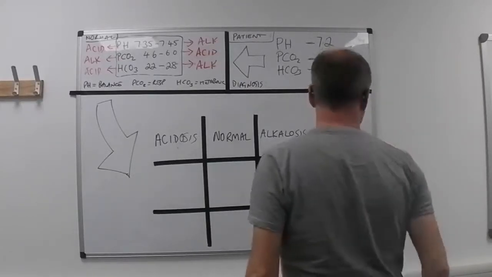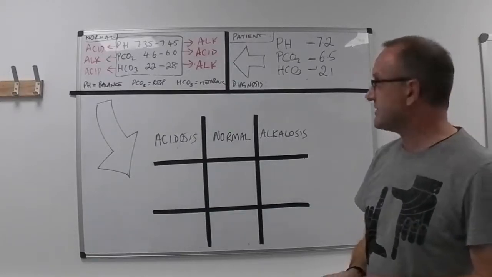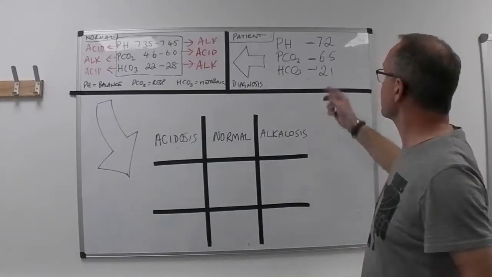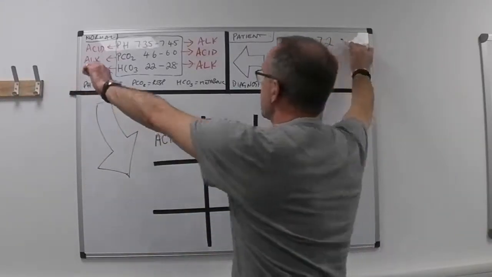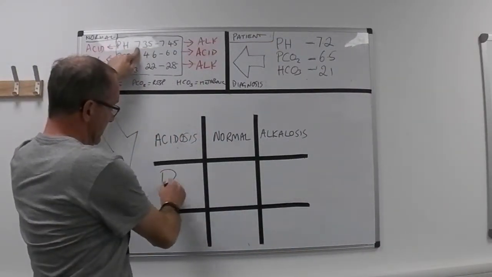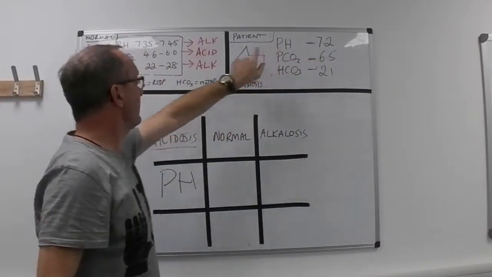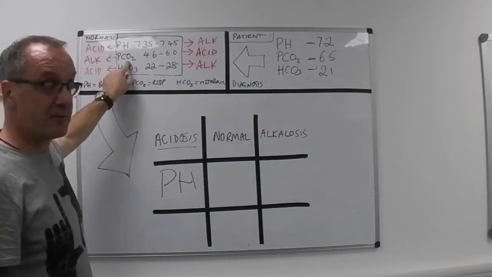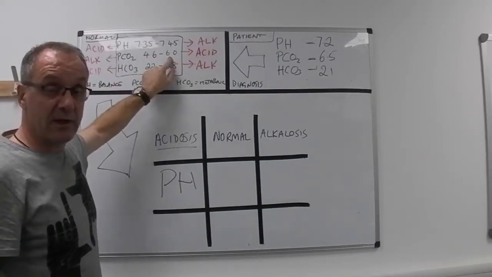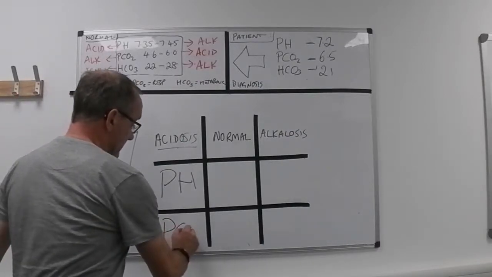He's got a PCO2 of 6.5, and he's got a bicarbonate of 21. Exactly the same process. 7.2 with a pH makes it an acidosis. 6.5, we compare that with our PCO2 and find that is abnormal. It's above 6.0, which makes that an acidosis.